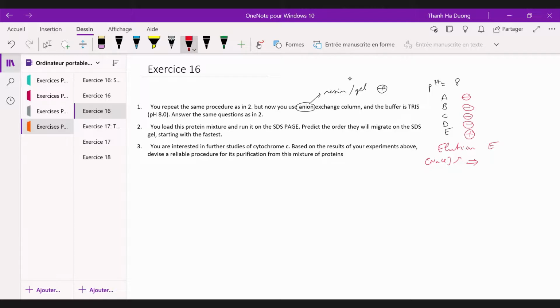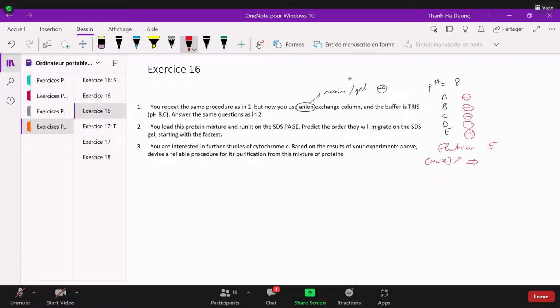So if the pI is close to the pH, it means that the proteins are not highly charged, so it cannot have strong interaction. So the first one will be D.